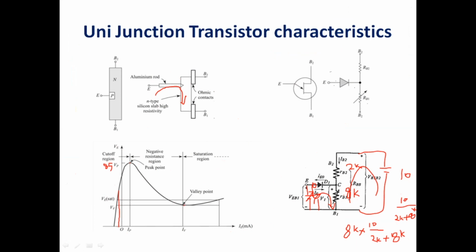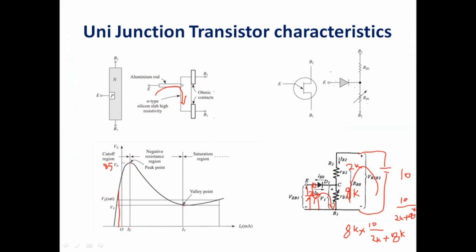This point is called the valley point, and the corresponding voltage is VV. The corresponding voltage is very small compared to VP because this resistance is very small. So this is VV and this is V peak. The corresponding current here is IV and here is I peak. This is the characteristic of UJT.